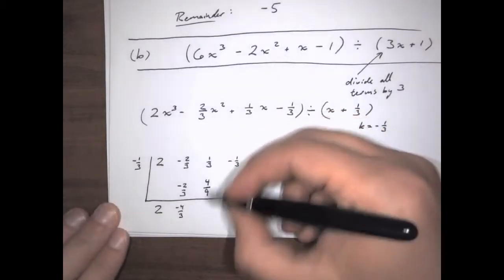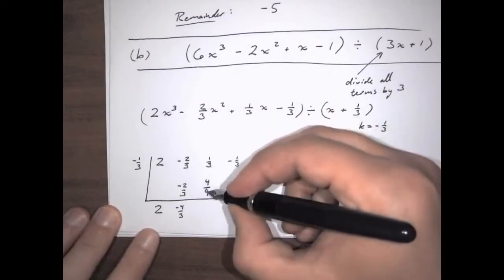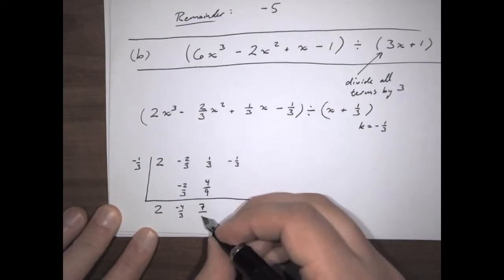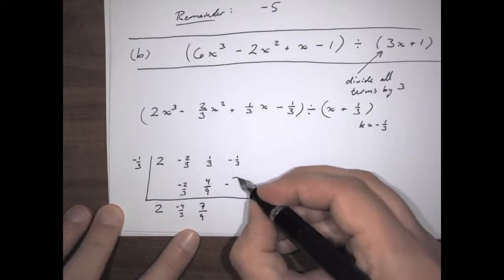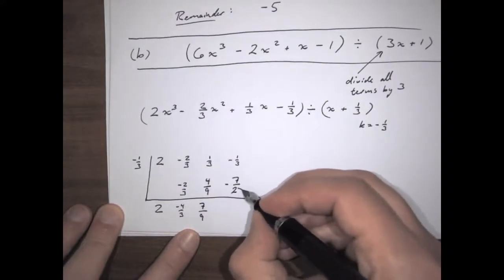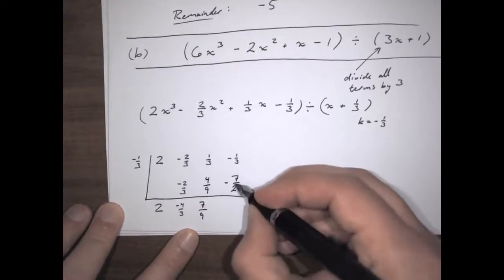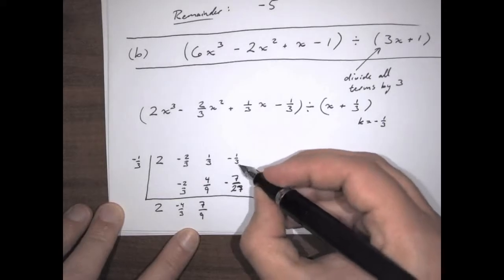Then we add these two together. So 1/3 is the same as 3/9 plus 4/9. It's going to add up to 7/9. Then we multiply them, and it's going to be negative 7/27. And then 1/3 is the same as 9/27.